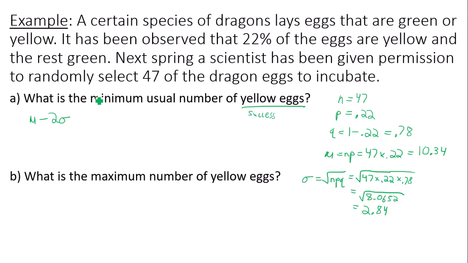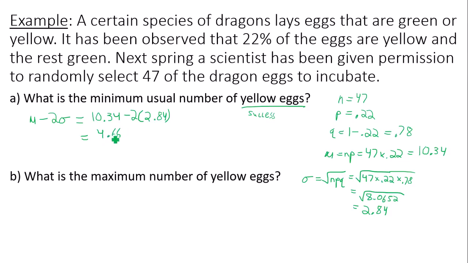All right, so mu minus 2 sigma, minimum usual number of yellow eggs. I have 10.34 minus 2 times 2.84. Plug that into your calculator and you get 4.66.